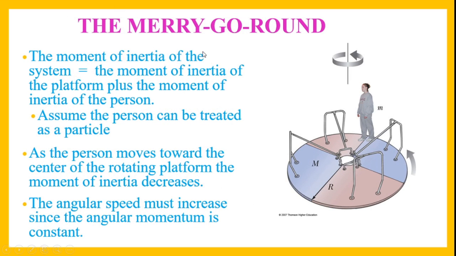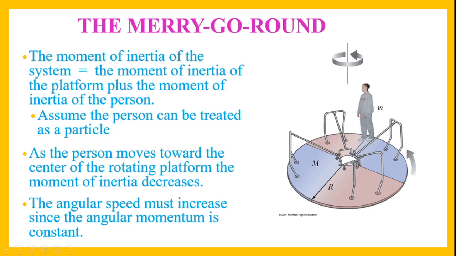The moment of inertia of the system is equal to the moment of inertia of the platform plus the moment of inertia of the person. Assume the person can be treated as a particle. As the person moves towards the center of the rotating platform, the moment of inertia decreases because the radius is decreasing.